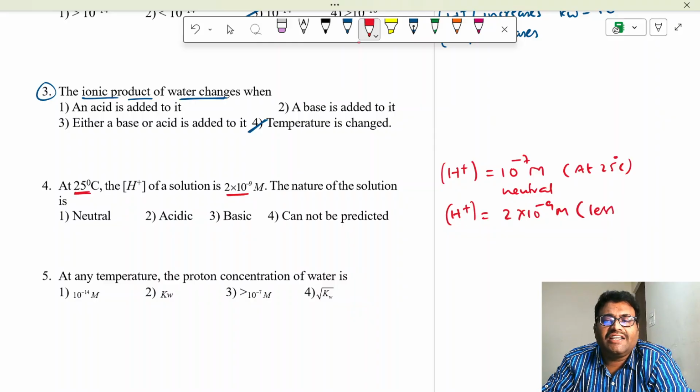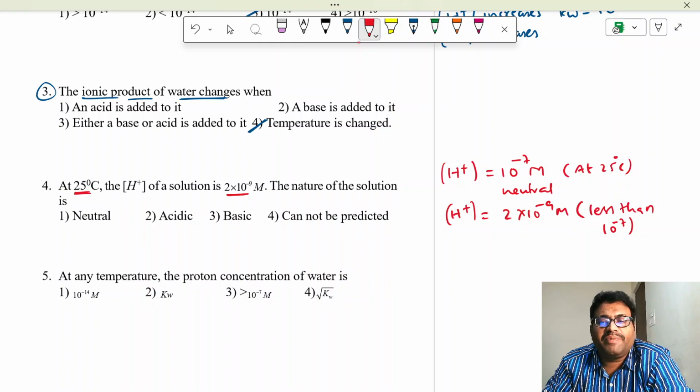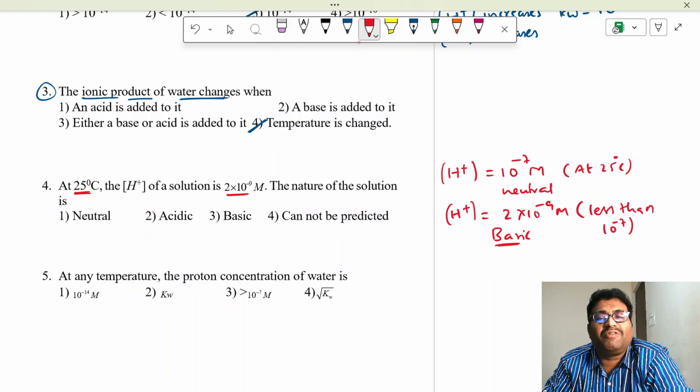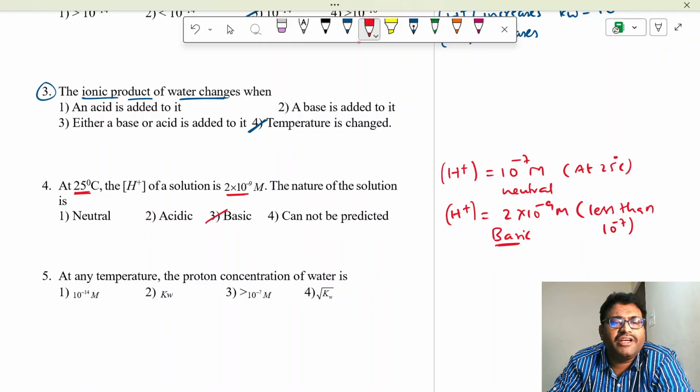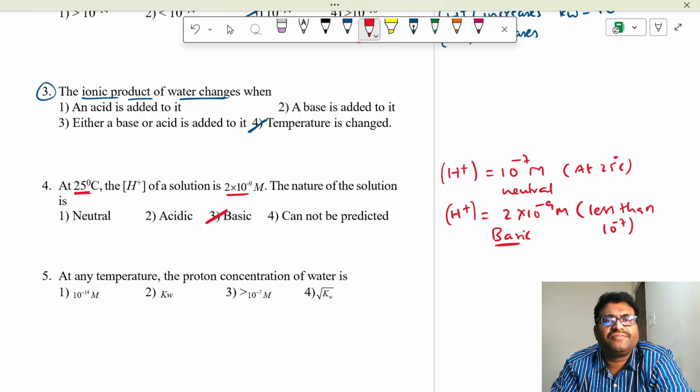It is less than 10 power minus 7. If H plus is less than 10 power minus 7, it will be basic. If H plus ion concentration is greater than 10 power minus 7, that will be acidic. As here H plus ion concentration is less than 10 power minus 7, the answer will be basic. So we are discussing very basic level questions actually.